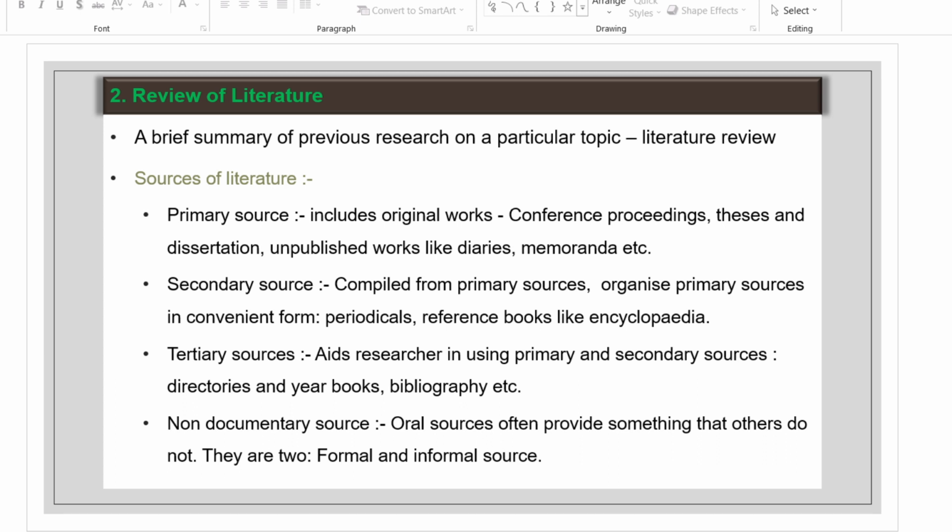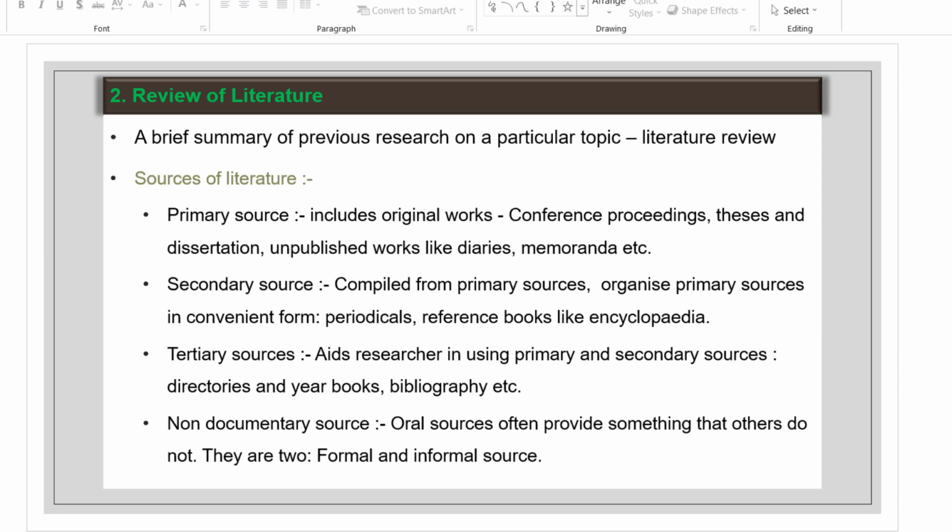Secondary source is a summary of primary source or a compiled form of primary source. Examples include periodical, reference books like encyclopedia and all. Tertiary source, it's that aids the researcher to get primary source or secondary source.